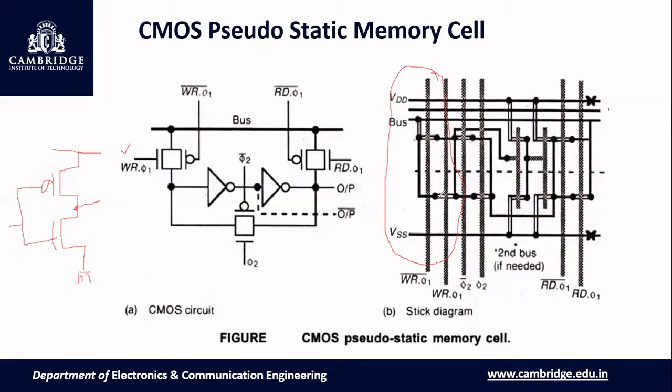Here I can make out the NMOS transistor, right? I can make out, no? By crossing poly and diffusion, polysilicon over diffusion will give a transistor. The one transistor has the control signal WR dot phi1 bar. Right, there is another transistor here.